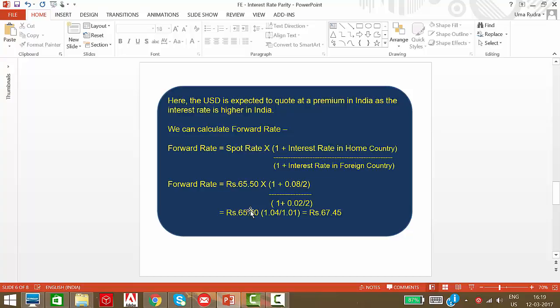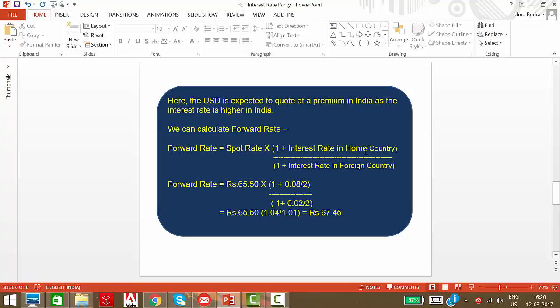Here, USD is expected to quote at a premium in India as the interest rate is higher in India and lower in US. So, forward rate we can calculate as spot rate into 1 plus interest rate in home country. Home country here, dollar is my foreign currency. Spot rate for that foreign currency is 65.50.